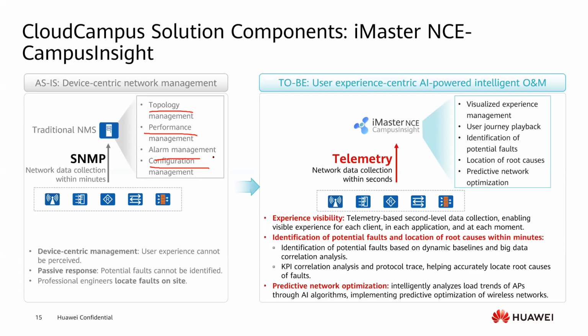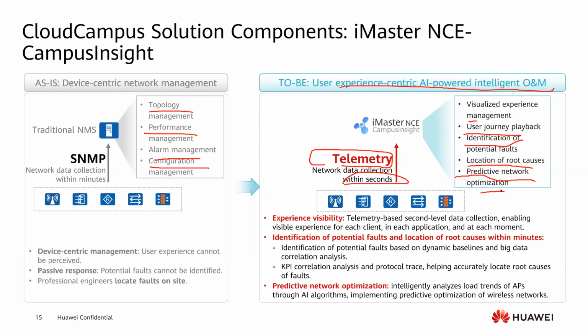However, the CampusInsight is based on telemetry technology, so it can collect the network information within seconds, and it can bring a lot of user-experience-centric, AI-powered intelligent operation and maintenance functions, such as visualized experience management, user journey playback, identification of potential faults, location of root cause, and predictive network optimization.